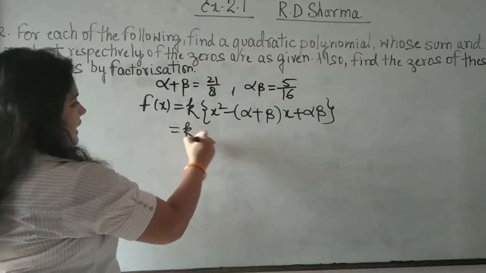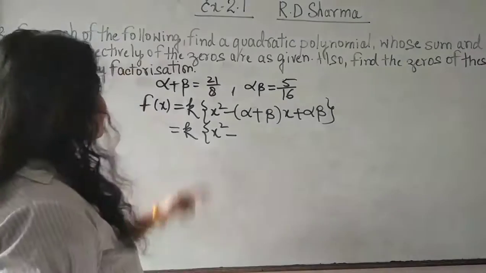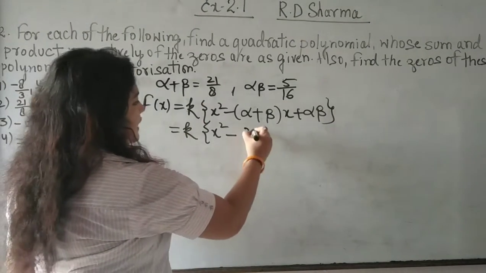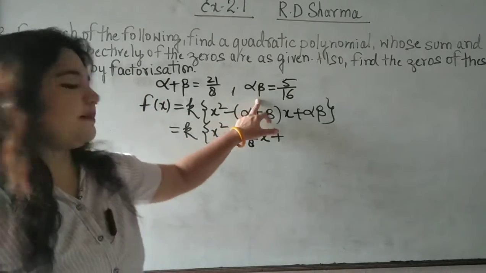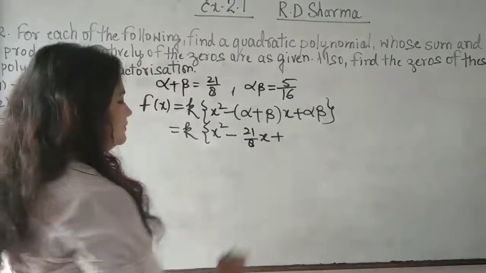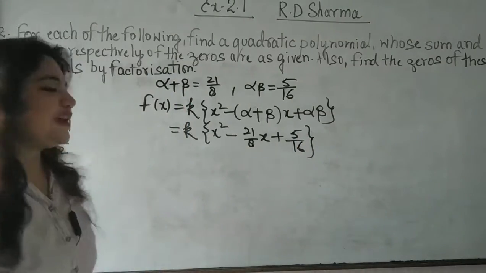So k x squared minus, what is the value of alpha plus beta? This is 21 by 8, 21 by 8 x plus alpha beta. What is the value of alpha beta? This is 5 by 16. Okay. So this is our polynomial.